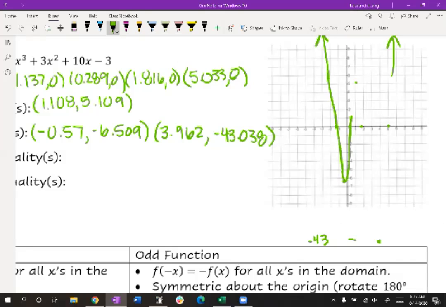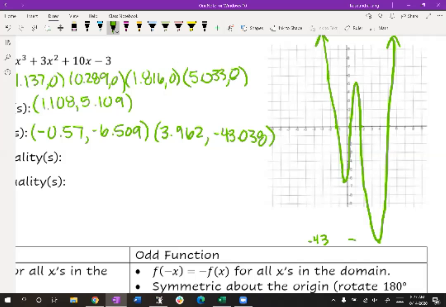It goes through the x-intercept up to the maximum and turns around. Goes through the x-intercept again, all the way down to the super low minimum and then bounce back up. Through the x-intercept again and off to infinity. So I hit all the x-intercepts, bounce back and forth between the maxes and mins.